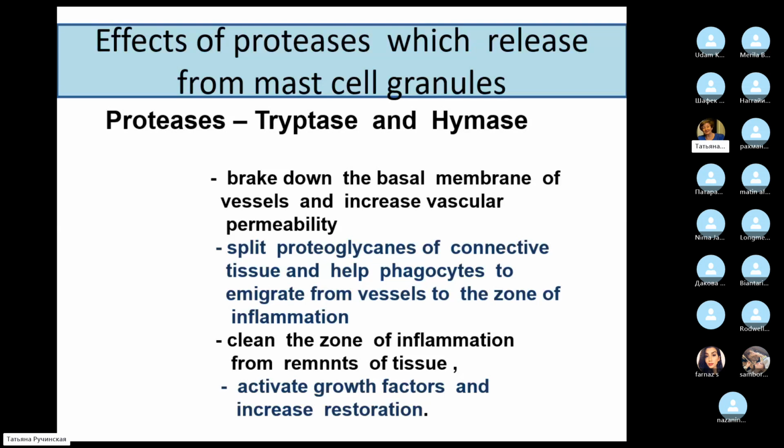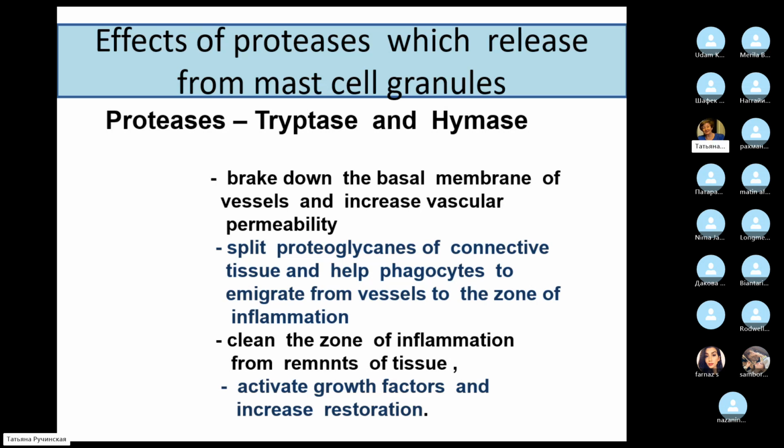I told you that the preformed mediators which appear from mast cells include protease. Proteases consist of tryptase and chymase. What they can do, due to their name, is break down proteins.